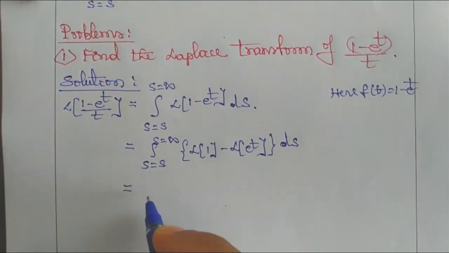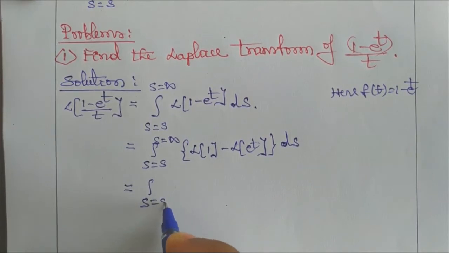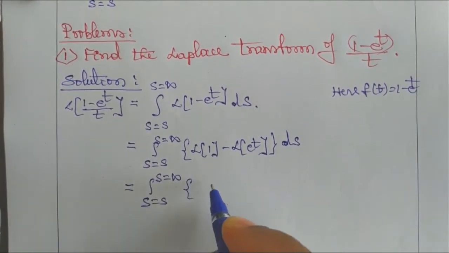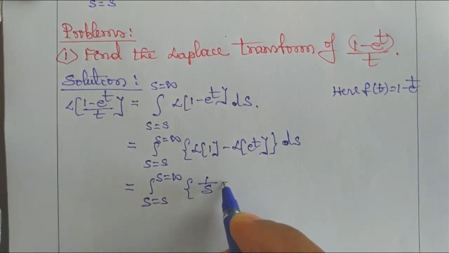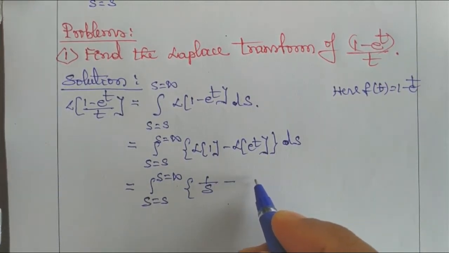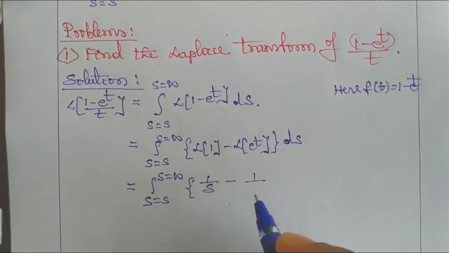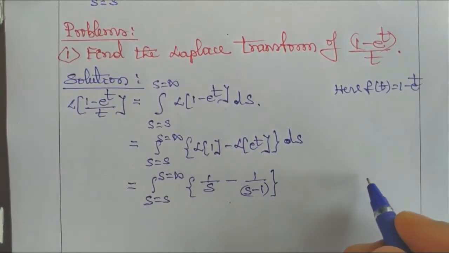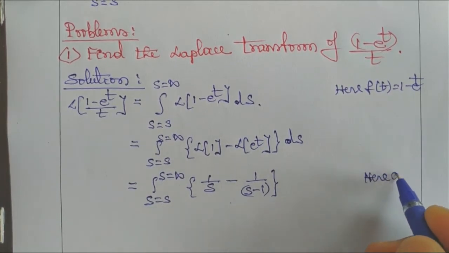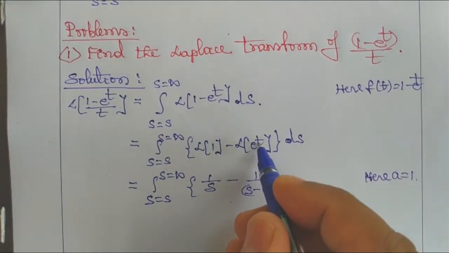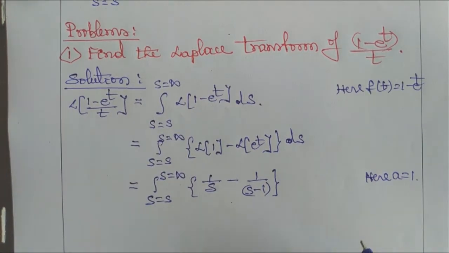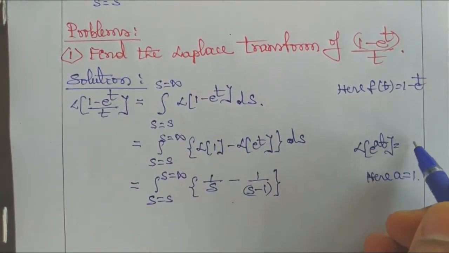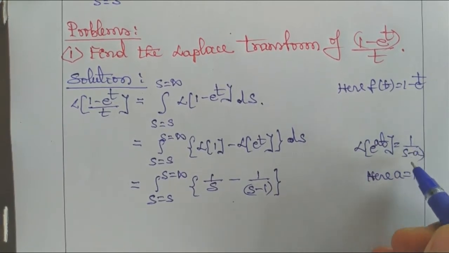Now you know some of the standard functions we learned. Laplace of 1 is 1 by s, minus Laplace of e to the power of t. Here a is 1, so s minus 1. Here a is 1 because the t coefficient is 1. So you know Laplace of e to the power of at is nothing but 1 divided by s minus a.